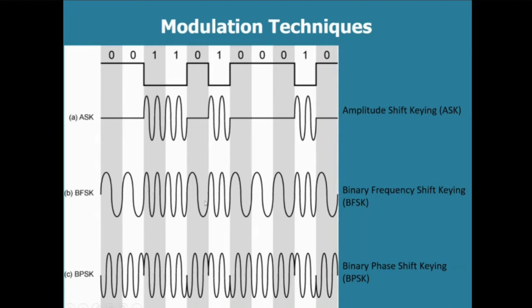Similarly, for 0, the low frequency signal will be allowed, and for 1, the high frequency signal will be allowed. So it is frequency shift keying, or generally we can call it the binary frequency shift keying technique. So here we are using two different frequencies, and the amplitude and phase of the signal remain constant.